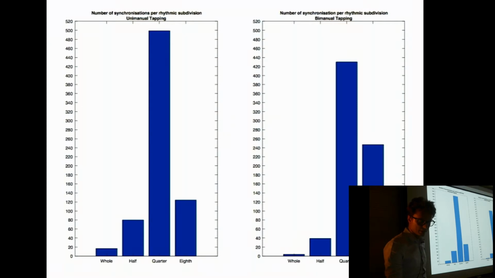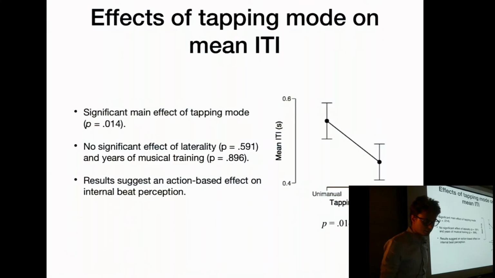So to verify this, we carried out an ANOVA on the mean intertap interval, and it showed us that in bimanual mode people synchronize with faster rhythmic subdivisions; the difference is significant. There is no significant effect of laterality or handedness, and in this case musical training didn't have any significant effect.